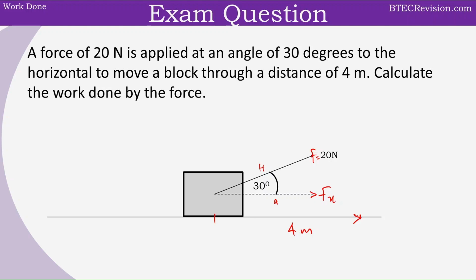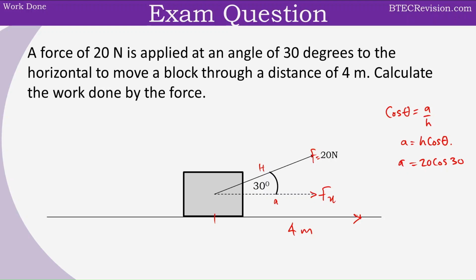And therefore, if we remember, cos theta equals adjacent over hypotenuse. Rearranging for adjacent gives us H cos theta. And now we know our values. H is F, which is 20. Theta is 30 degrees.